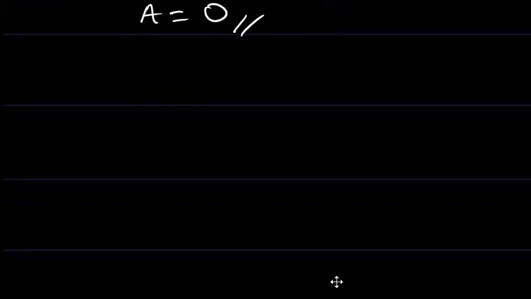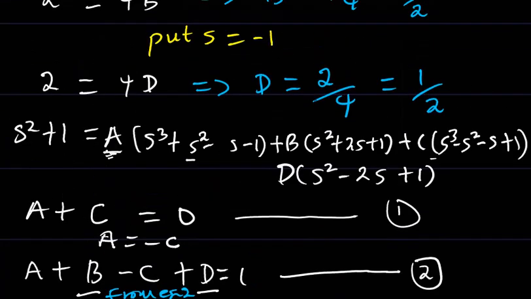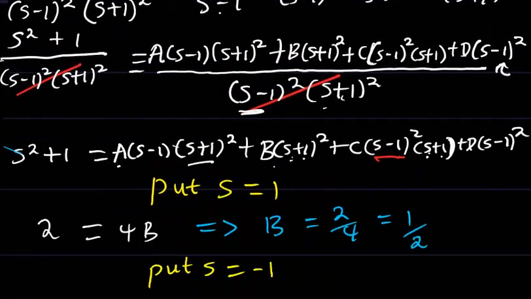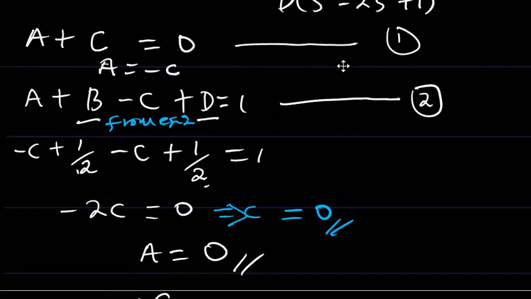Of course, you know very well that the inverse Laplace transform of x bar at the left hand side is x, which is now going to be equal to the inverse Laplace transform of the partial fraction, which is b all over (s minus 1) square. So what is my b?